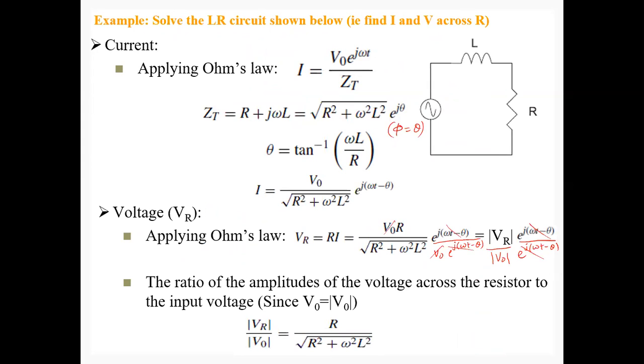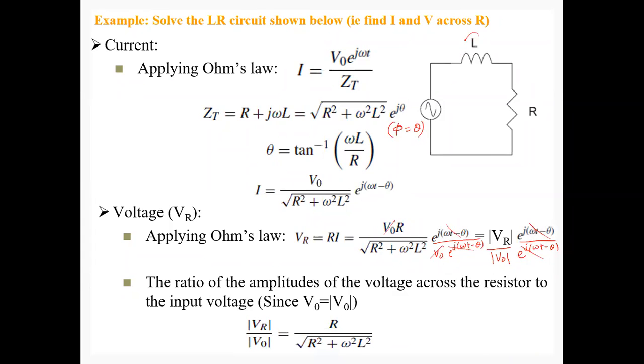Now I'm going to solve the LR circuit. We'll do one at a time now, starting from LR. This is just one example of an LR circuit. So I have the LR circuit.